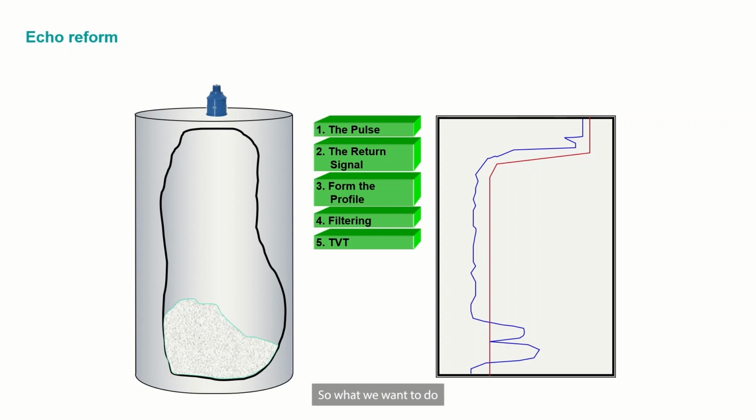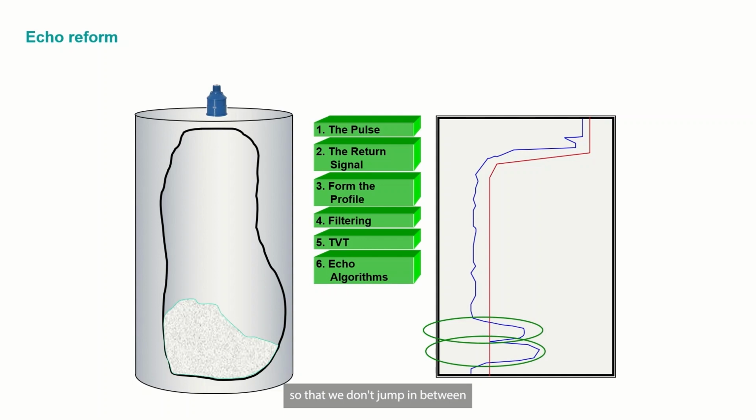So after we apply our echo algorithms and select our echo, we don't want them jumping in between because the confidences could be very close, right?